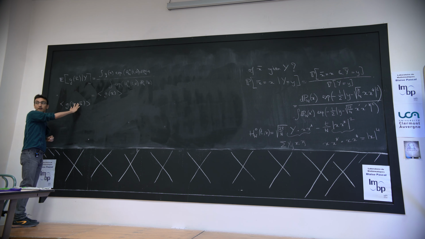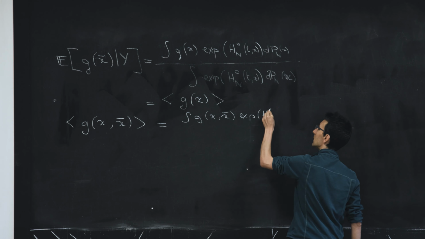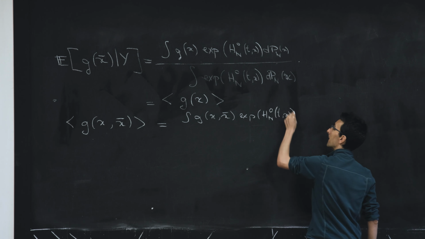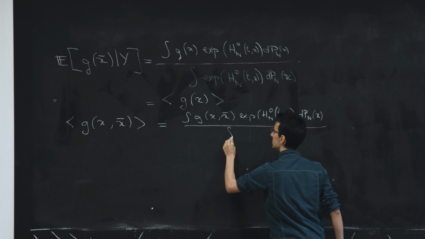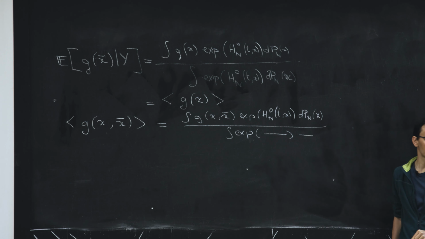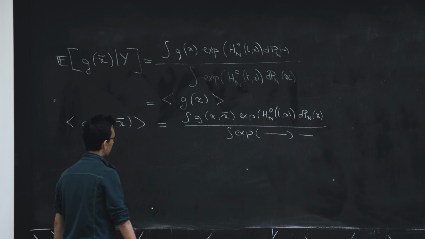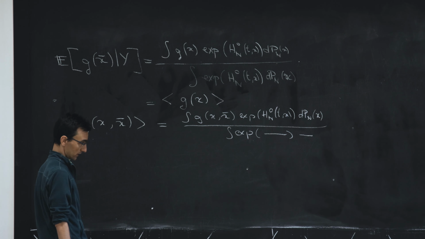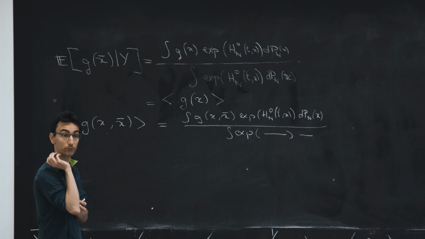So when I write something like this, I mean the integral of g of x bar times exponential of H_N(0, t, x) dP_N of x, divided by the integral of the exponential. Does that make sense? I think perhaps the more difficult aspect of understanding this new model is to get used to this notation. So let's pay attention.